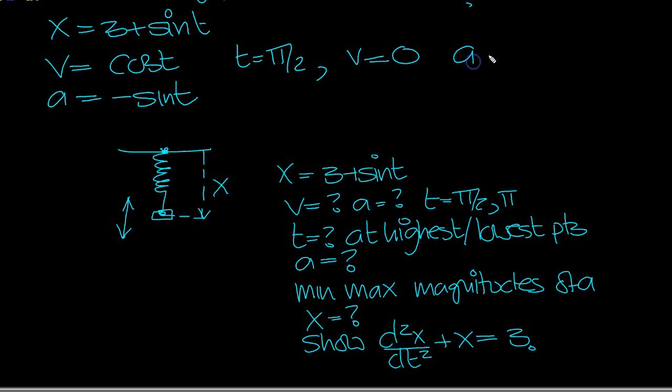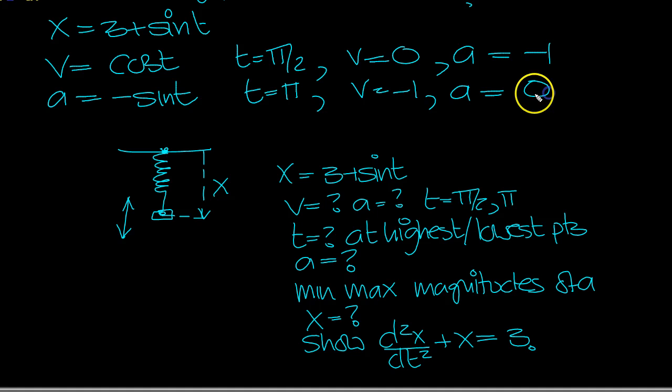And the acceleration is minus sine 90, which is minus 1 meter per second squared. When t equals pi, cos pi is minus 1. And the acceleration, minus sine pi, is 0. Acceleration is 0. So that's the second problem, part 1 rather.